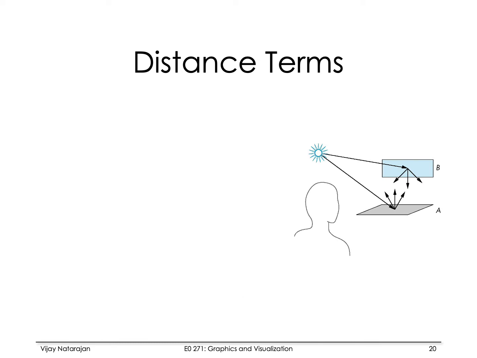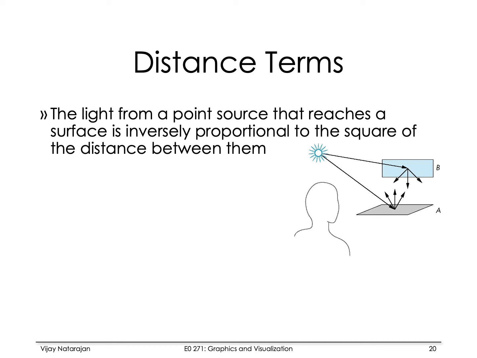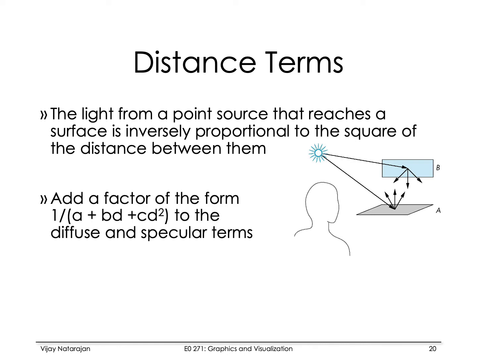So in addition to these three terms, we also talk about a distance term. So this is just based on a simple model that says that the intensity of the light from a point source drops off in a manner that's inversely proportional to the square of the distance. So to incorporate this, we add a factor 1 over a plus bd plus cd square, where d is the distance from the source.